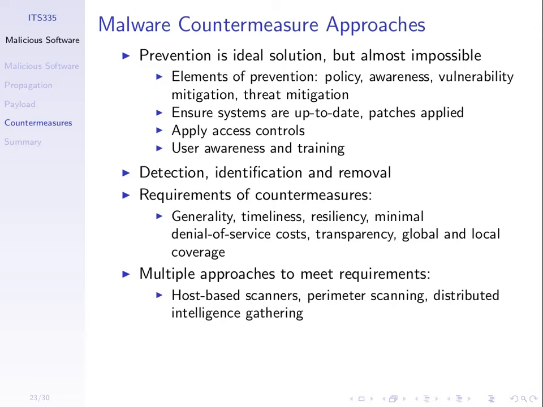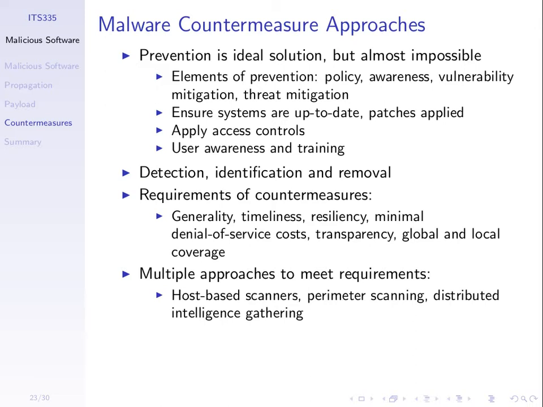Make sure that the latest versions are installed and being used. Operating systems now have regular updates or patches. So making sure that those patches are applied so that the software is up to date, because many of those patches usually fix security bugs. So if you don't update the software, there still may be bugs with respect to security in that software that the malicious software can take advantage of.